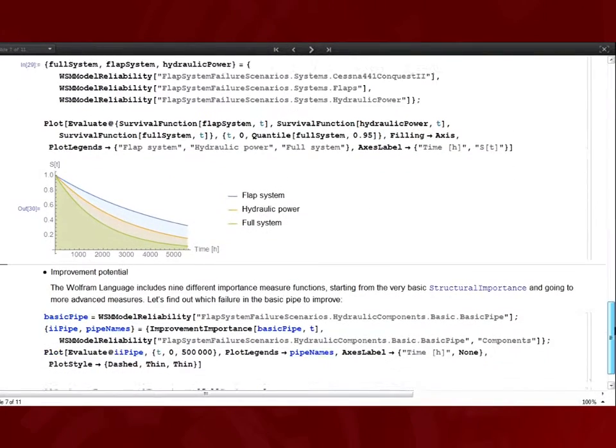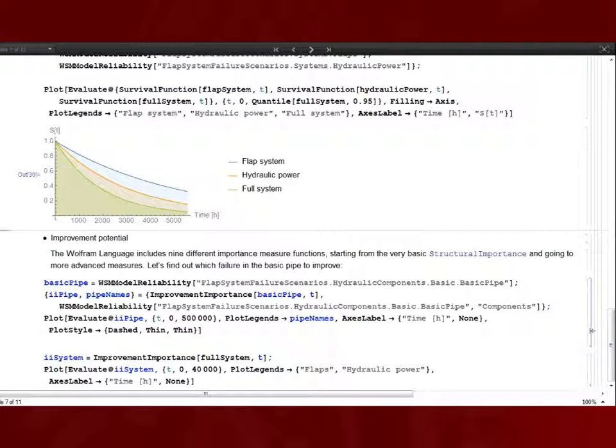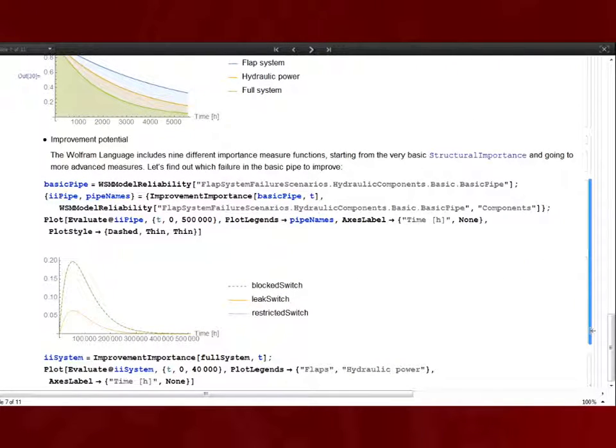But we can now use other functionality in Mathematica, for instance, plotting. There are a bunch of different measures in Mathematica for the importance of different failures or the effects. So, for instance, the structural importance.